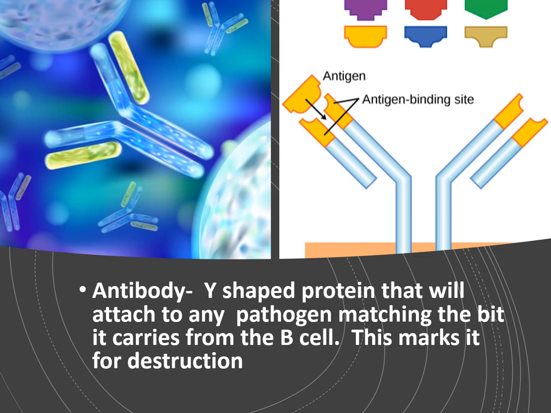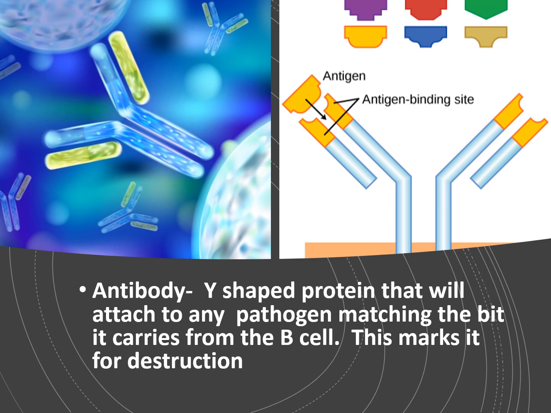An antibody is shaped like a Y. It's a protein that has at the very tips of it little pieces of whatever that B cell just killed, whatever it just destroyed. It takes little pieces of it and attaches it to the ends of these Y-shaped proteins called antibodies.